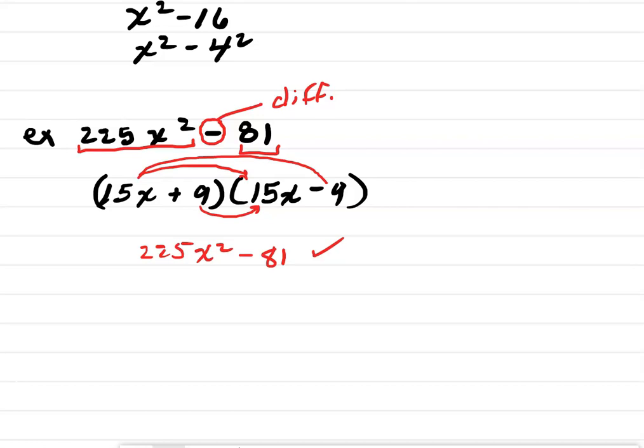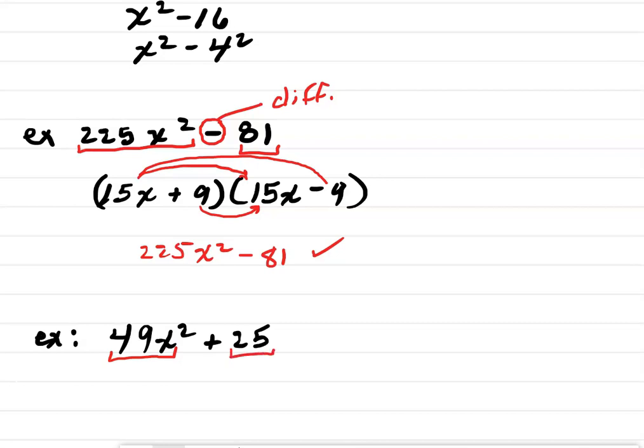So let's look at one that might trick you. It's not going to trick you because I'm showing you and you're going to know now. What if you had 49x squared plus 25? So what are you going to be looking for? Is the front term a perfect square? Yes, 7 times 7.